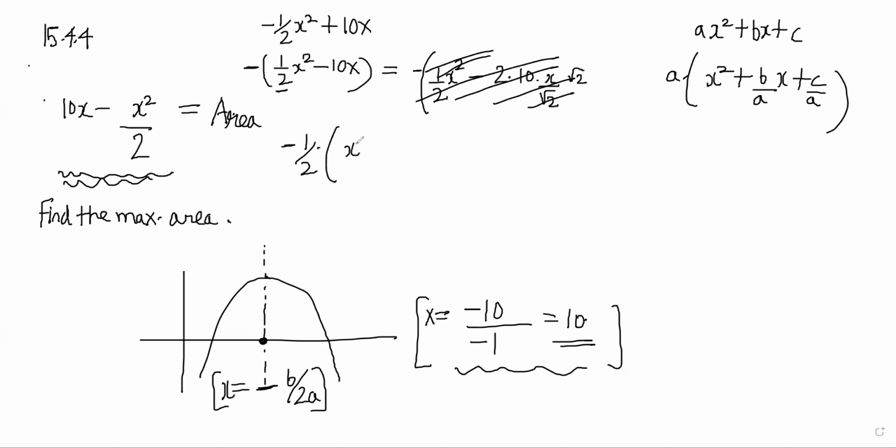Then it'll be x squared minus 20x plus 20x, and then we will get x plus 10.